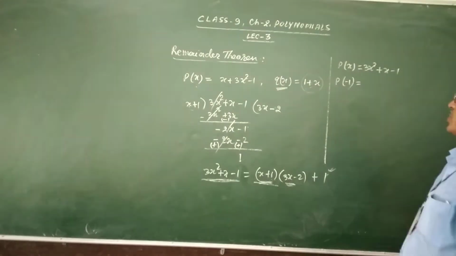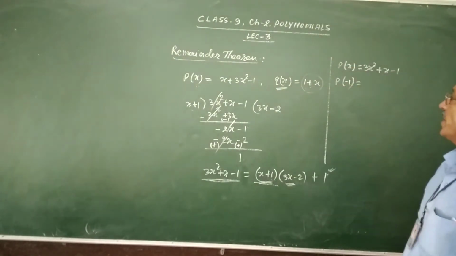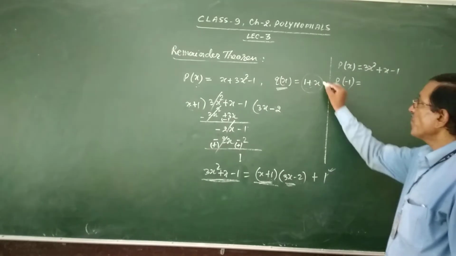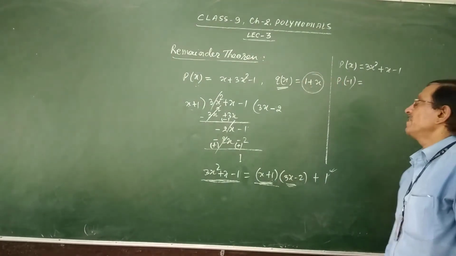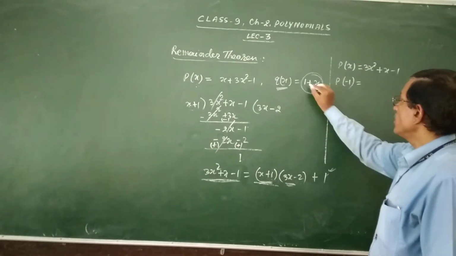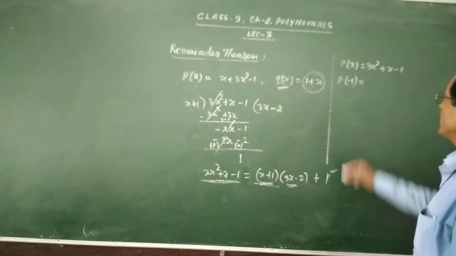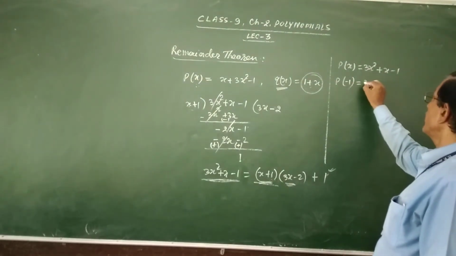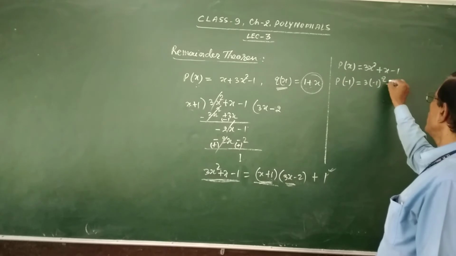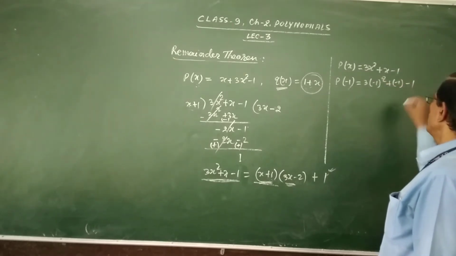p minus 1. px is this, then we are going to find p minus 1. Where did minus 1 come from? We took the zero of this polynomial. How did we take the zero? By equating it to 0 and finding the value of x. That means p minus 1. We are going to find 3 into minus 1 square plus minus 1 minus 1.